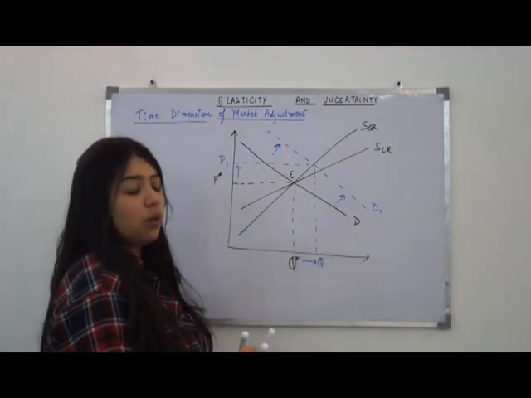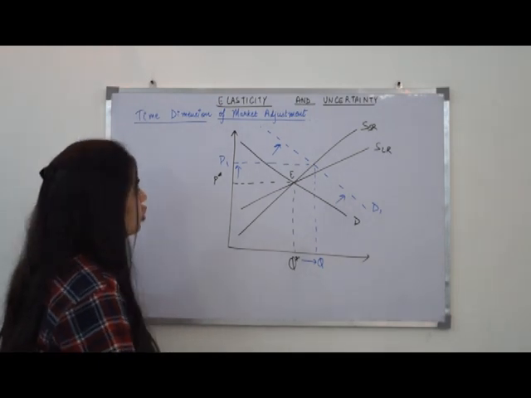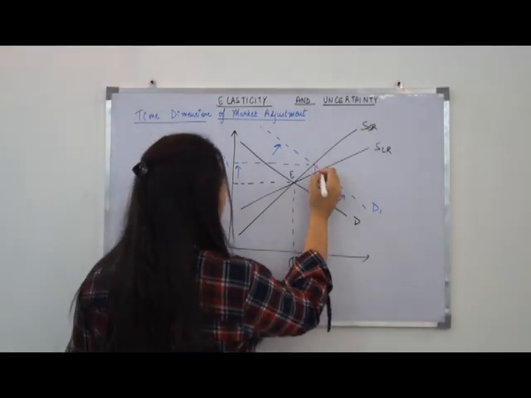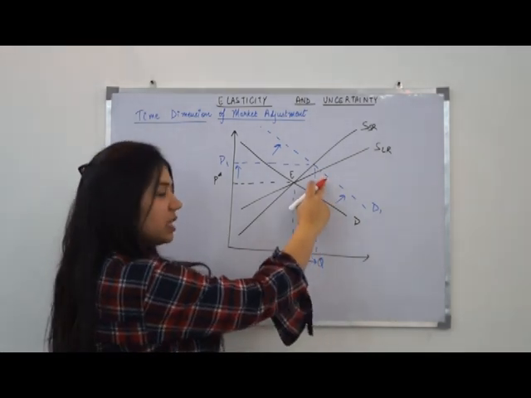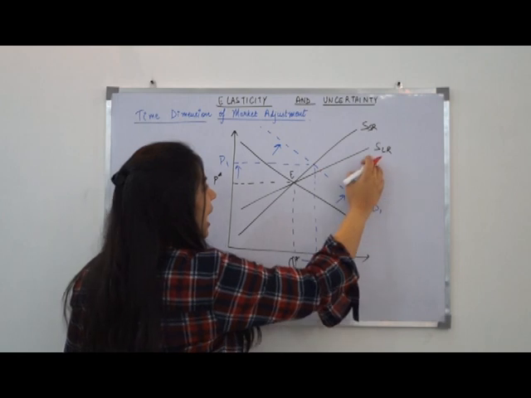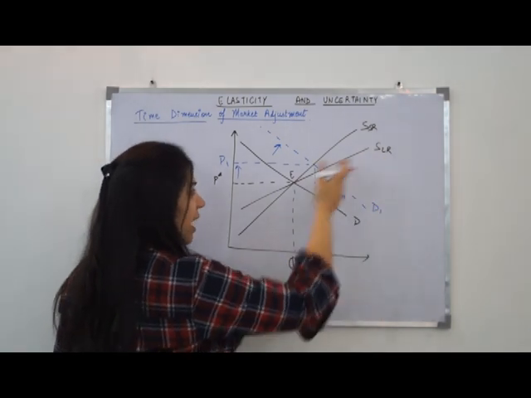Now let's look at what happens in the long run. So the long run equilibrium is going to be here, because the new demand curve is again here only, but the supply curve is going to be flat in the long run.